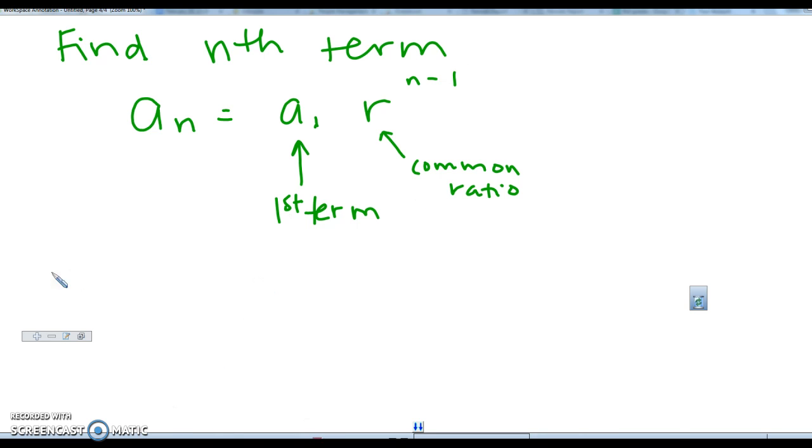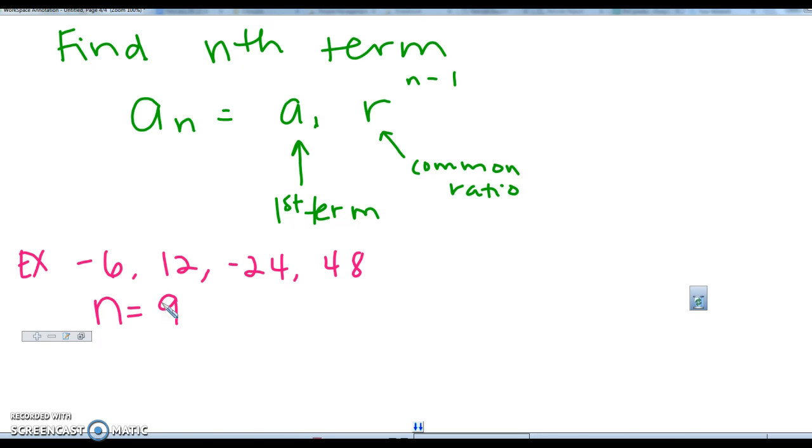So, let's start by looking at an example. Our sequence starts with -6, 12, -24, and 48. So a few things we want to know. I'm going to ask you to find the 9th term in the sequence. So n is going to be 9, and I'm picking that because that's what my problem tells me.